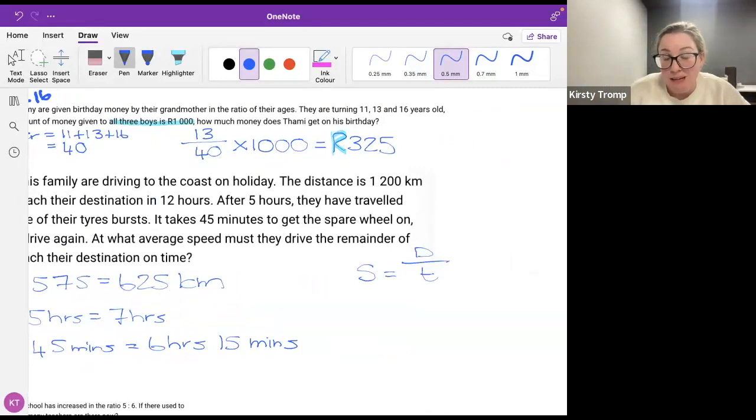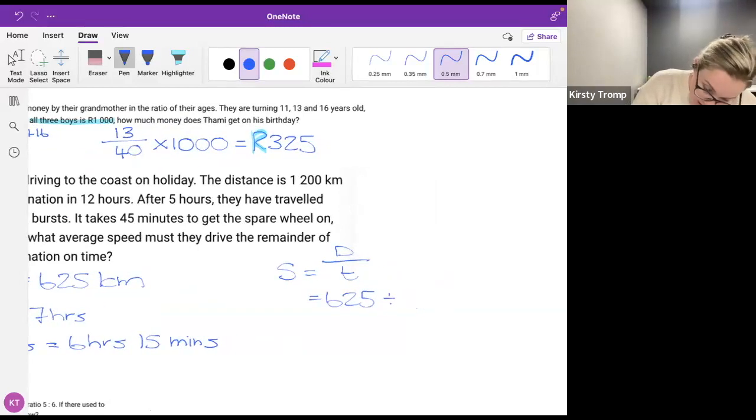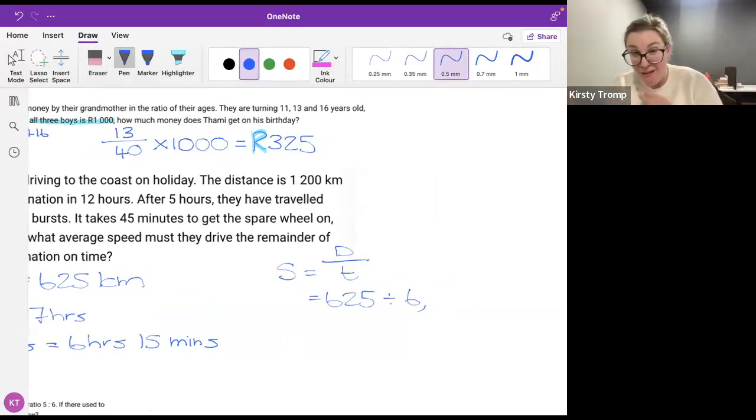Well done, guys. So the distance was 625. And when I put this in on my calculator, I'm going to say 6, comma, and where a lot of you get confused is you say 6,15, because it's 6 hours and 15 minutes.